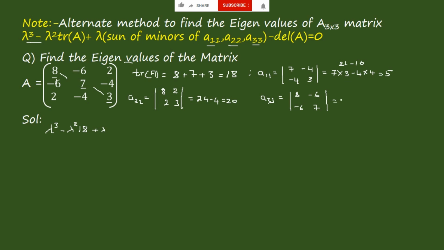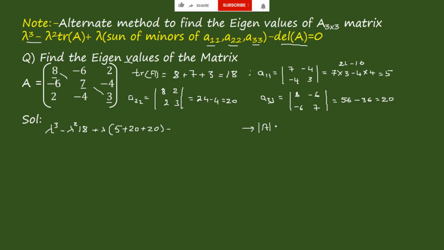Again here it becomes 8 7 is 56 minus 36, which is equal to 20. So we add all of them. It becomes 5 plus 20 plus 20, right? And minus the determinant of A, we have to find it out. Find the determinant of this particular matrix.